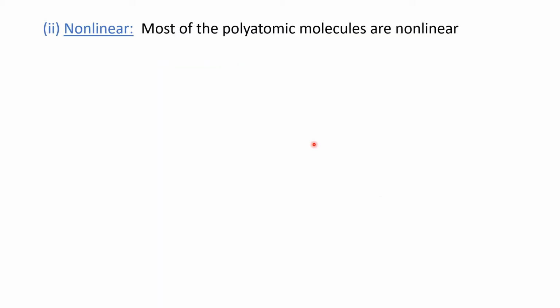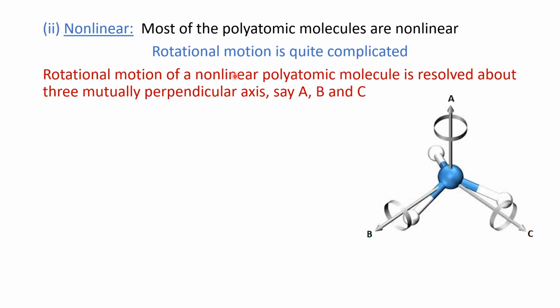So now we are going toward the nonlinear molecules, and unfortunately, most of the polyatomic molecules are nonlinear. So their rotational motion is quite complicated. Here we have a nonlinear polyatomic molecule. What we do here is resolve the motion of a nonlinear polyatomic molecule into three mutually perpendicular axes.